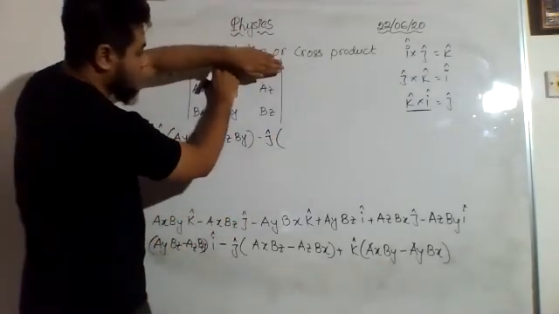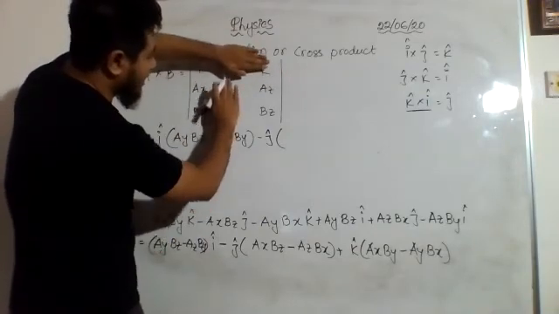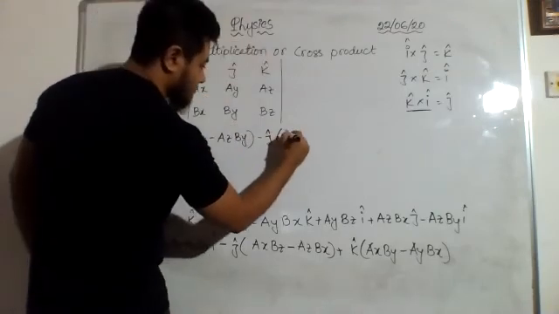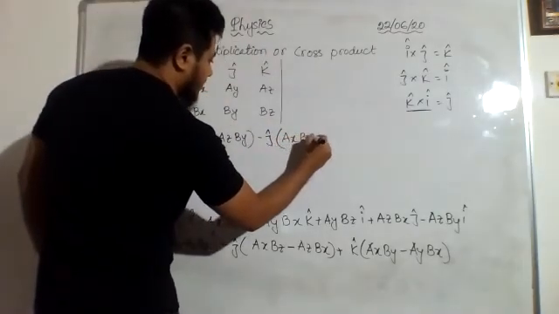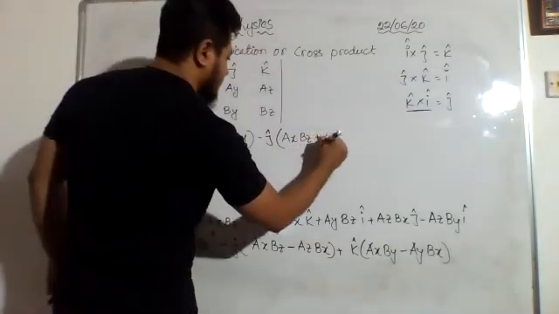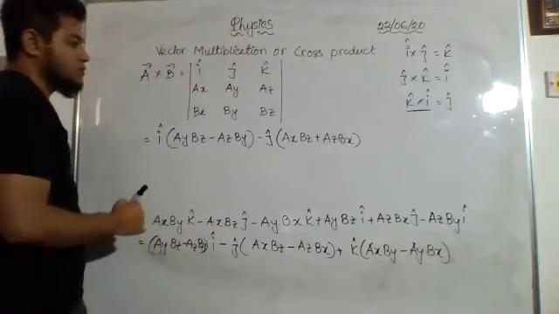Then we'll cover the row and column of J. We will hide this, we will hide this. So what is AX BZ? Cross multiply: AX BZ minus BX AZ. So J is also done.